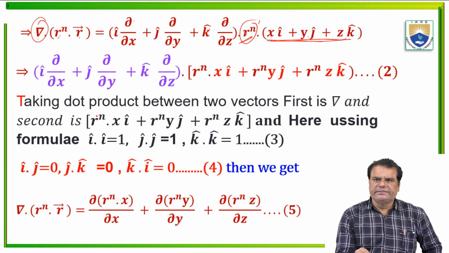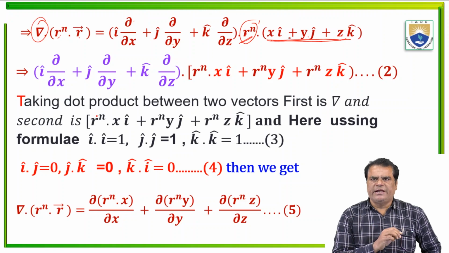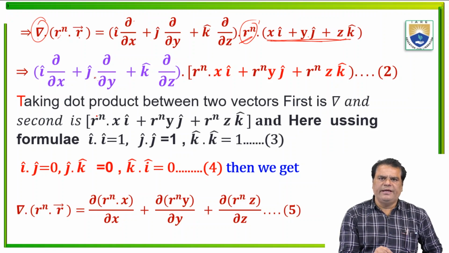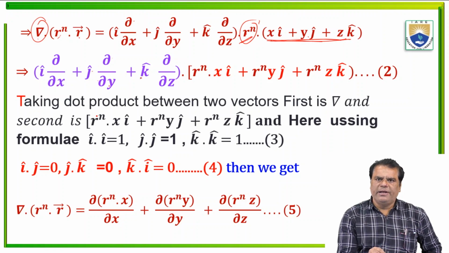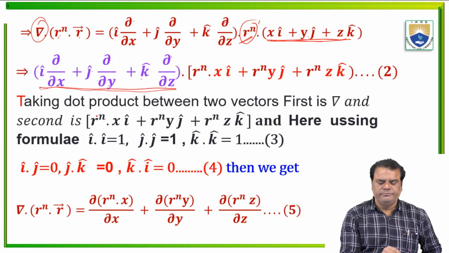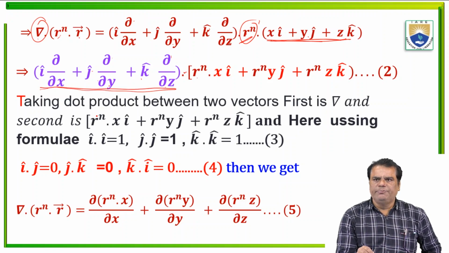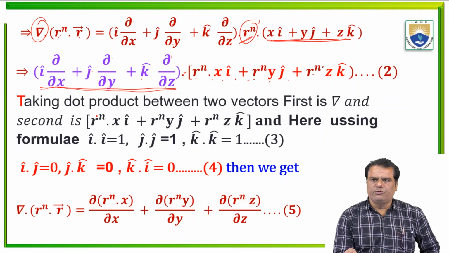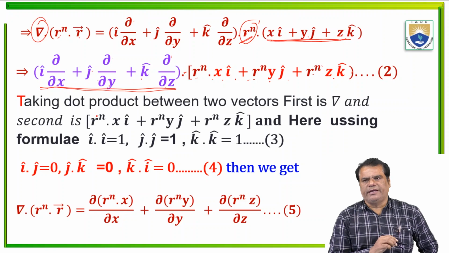Now multiply r to the power n into this bracket. Then we get the same value of del, i dou over dou x plus j dou over dou y plus k dou over dou z, dot r to the power n times xi plus r to the power n times yj plus r to the power n times z vector k.